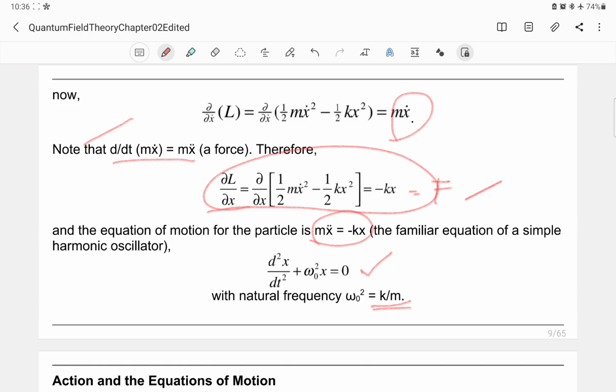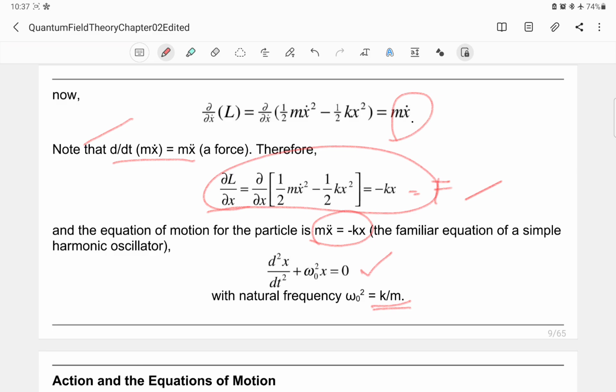So those are classical Lagrangians, and we actually apply these things to get the equations of motion of fields instead of just objects or a particle.